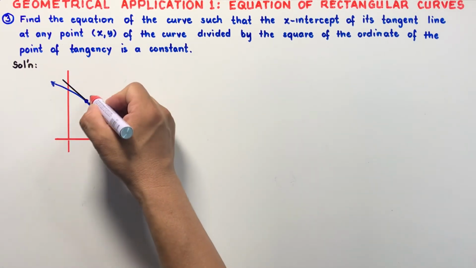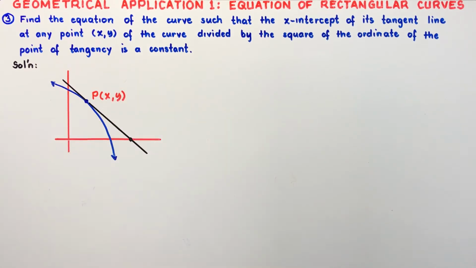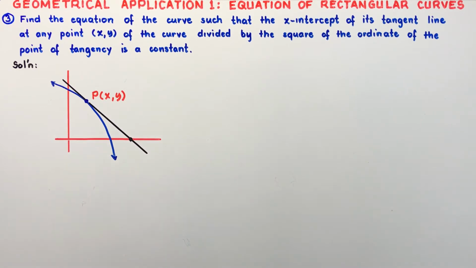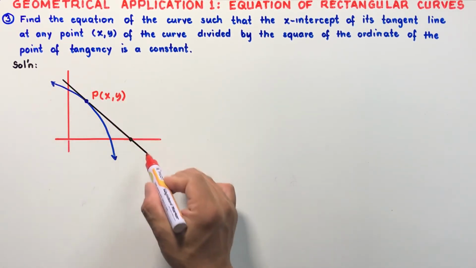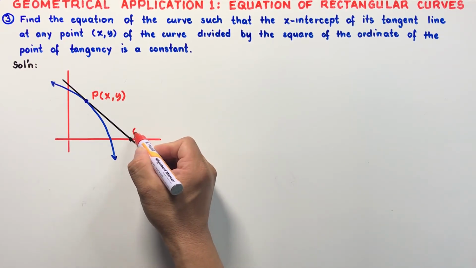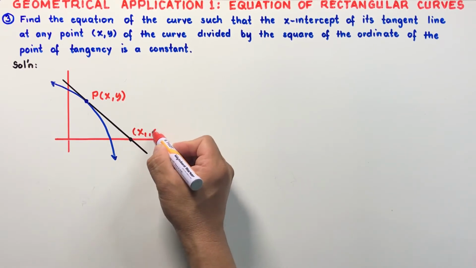The point of tangency is at this point (x, y), because it's given that the tangent line is at any point (x, y). If this is our tangent line, the tangent line intercepts the x-axis at the point (x sub 1, 0).